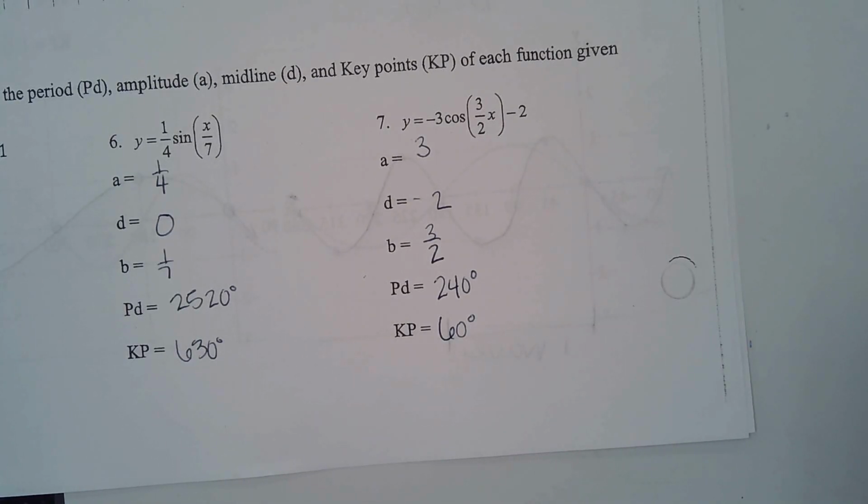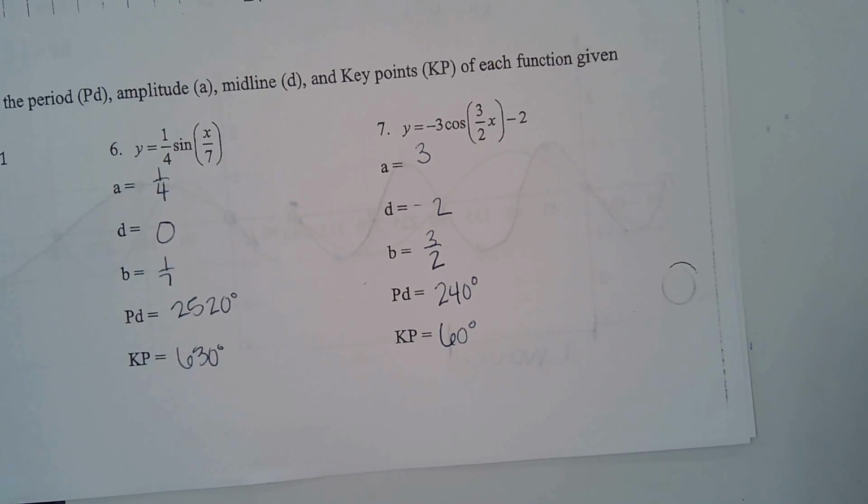Flip. So we would be at your negative amplitude first, right? And then vertically, what's happening? Vertically stretched. Horizontally? Compression, right? Because it's bigger than 1. And then the -2 just shifts it down 2. We all good?